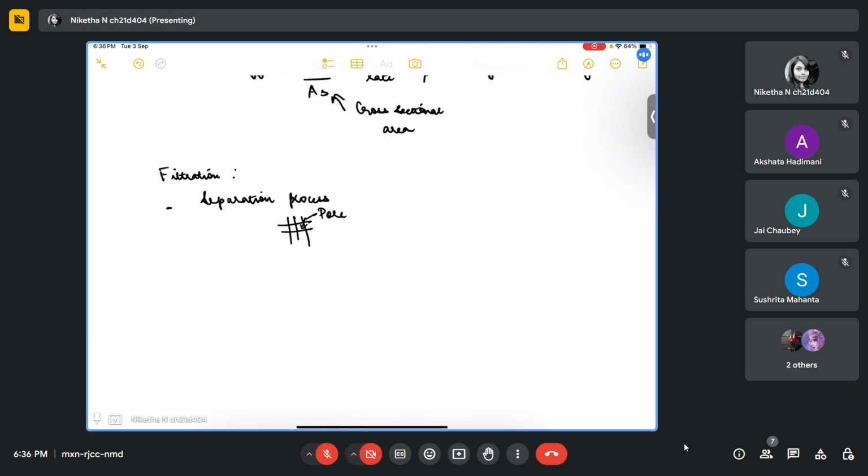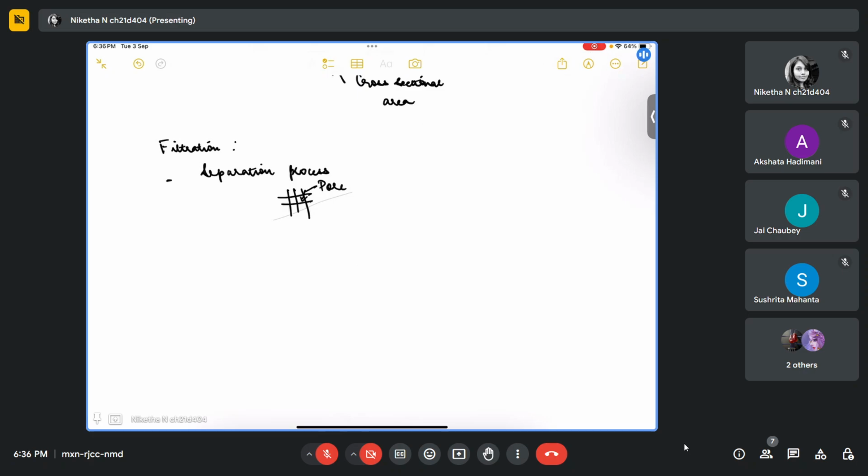And there are many types of filters. Sometimes you can have single media or dual media. What this means is you can have just one medium, for example, just sand, or you can have sand plus gravel, etc.